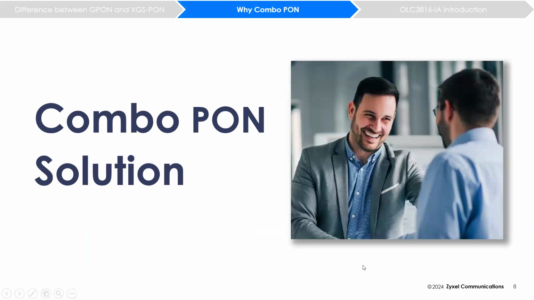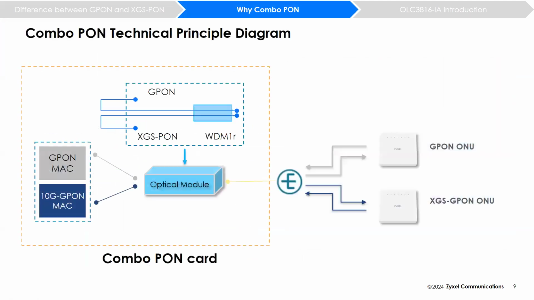Okay, so let us move on to see what a combo PON card is and why we need it, although we already have GPON and SGS PON technology products. On this page, we will look into detail how combo PON technology works.